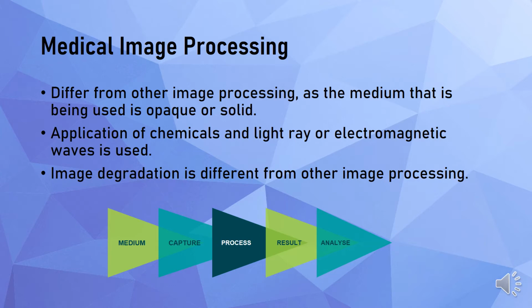Right? The application of chemicals and light rays in generating the image, for example. And the image degradation is different from other image processing due to the chemical and material composition of the human body.